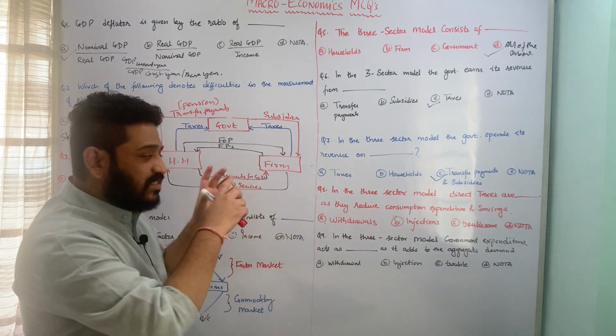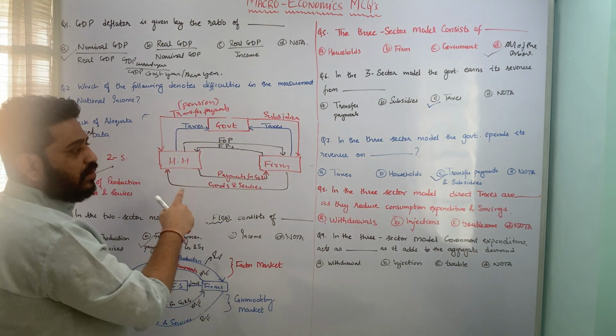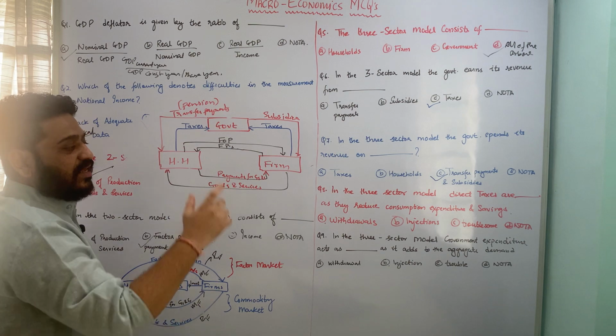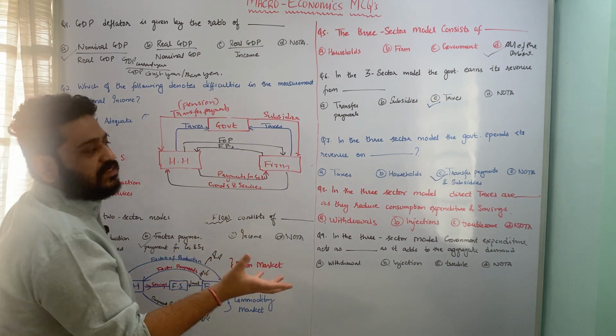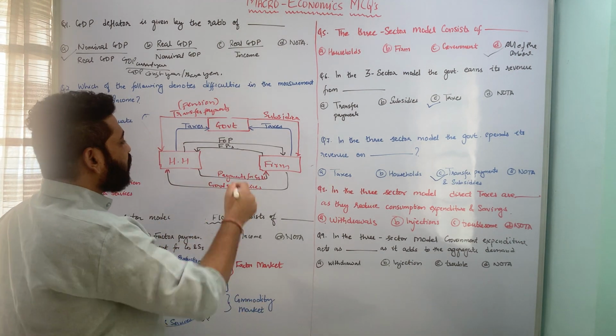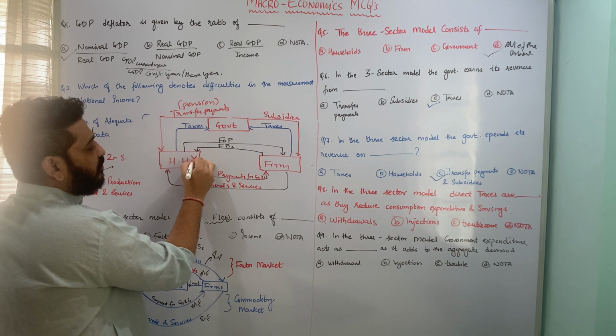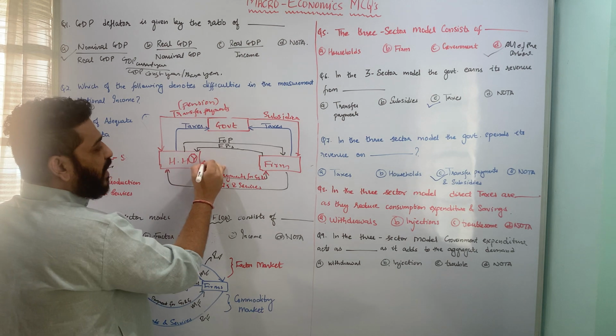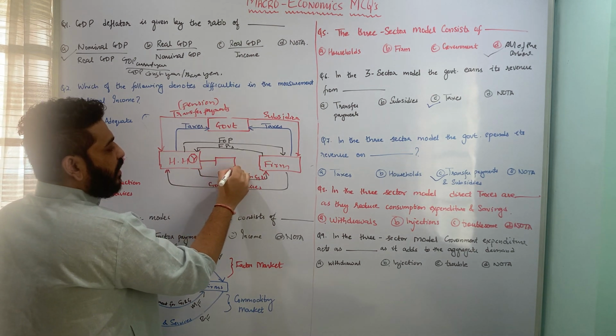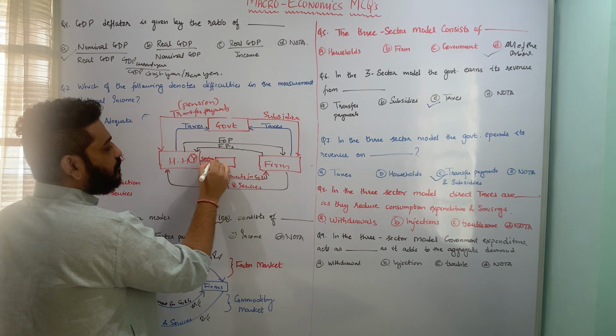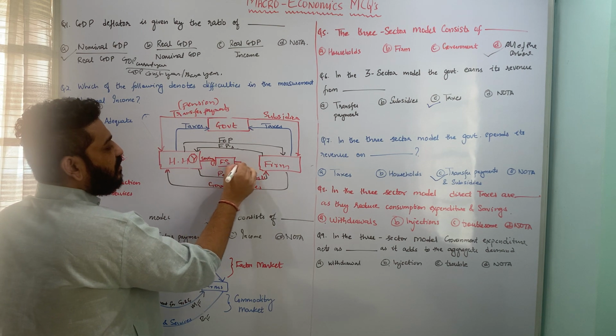So here in the three sector model, direct taxes are withdrawals as they reduce consumption, expenditure and savings, because whatever income the household is going to earn, a part of it is going to go as savings to the financial sector.